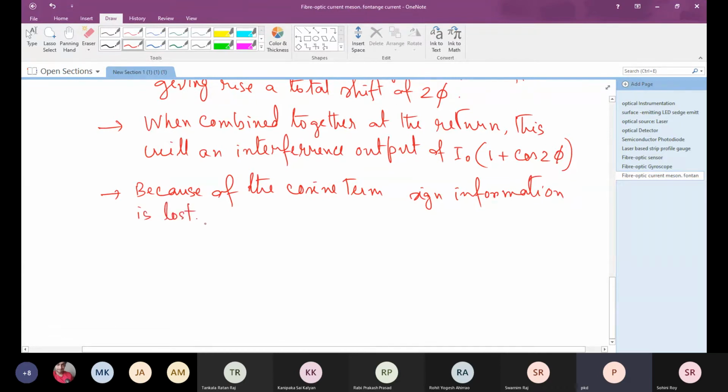Therefore a phase modulator is used to retrieve this.